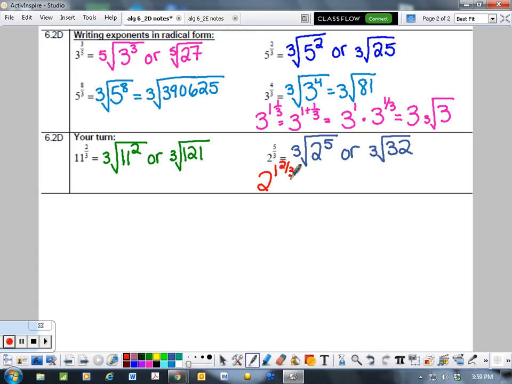So then I can break that up as 2 to the 1st times 2 to the 2/3, which is really 2 and the third root of 2 squared, which is really 2 times the third root of 4. So again, using those fractions to help you break down that radical, which is really nice. I mean, square roots are actually pretty easy to break down, but when you start getting the 5th roots and third roots, it can get pretty crazy.